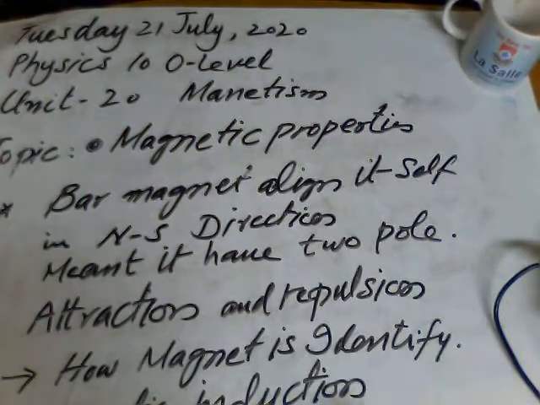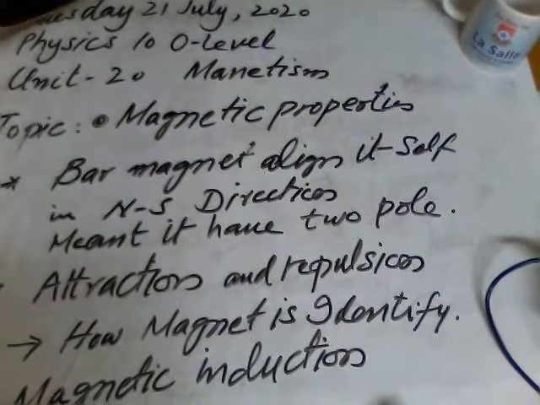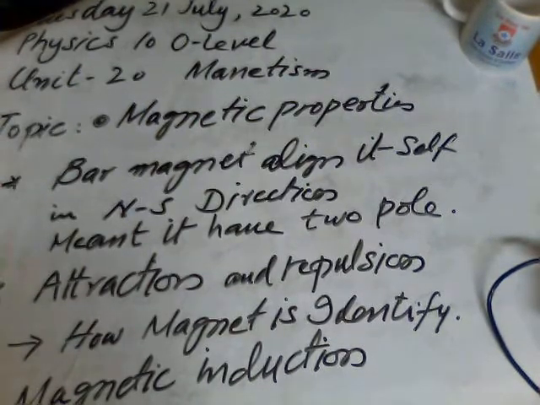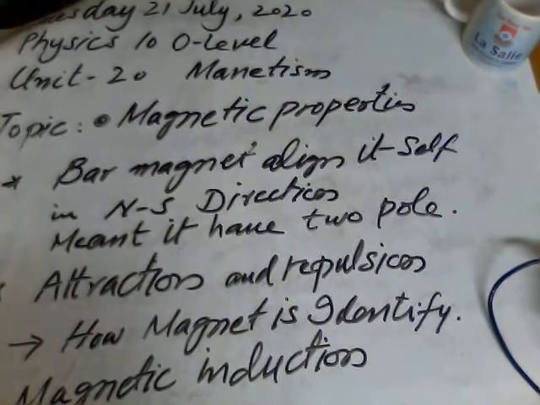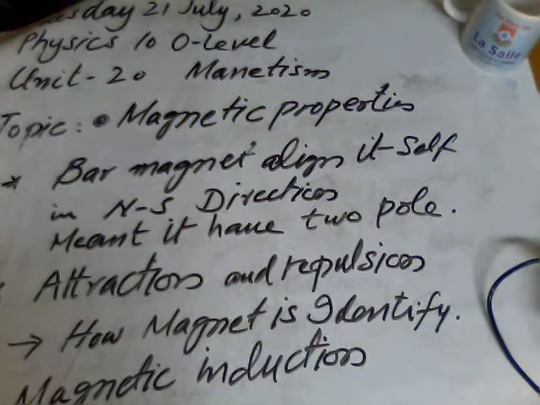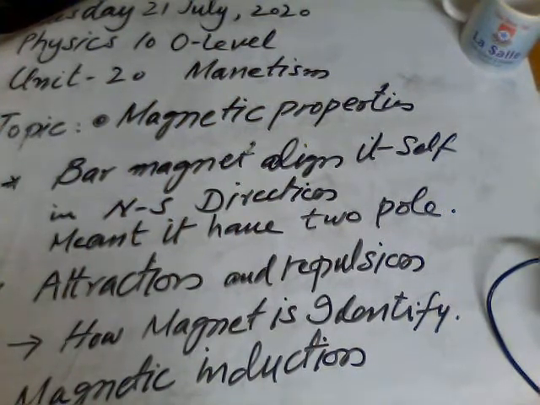Next point, how a magnet is identified. If we have any material, how can we identify whether it is a magnet, a magnetic material or a non-magnetic material?